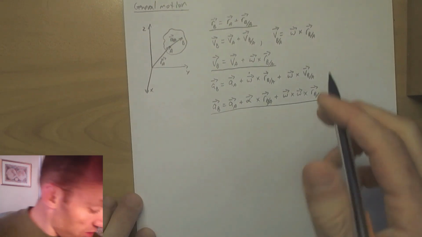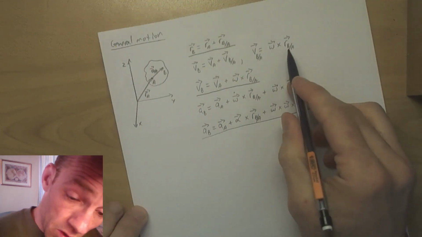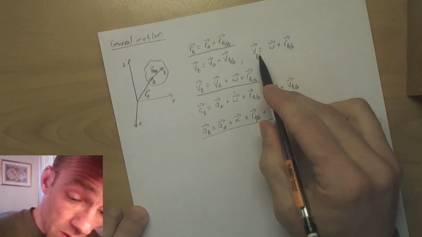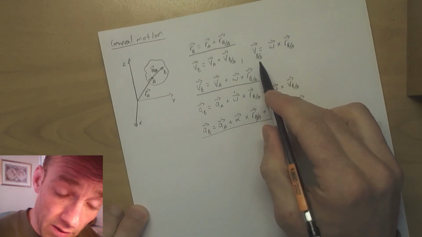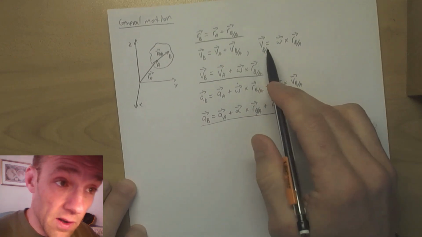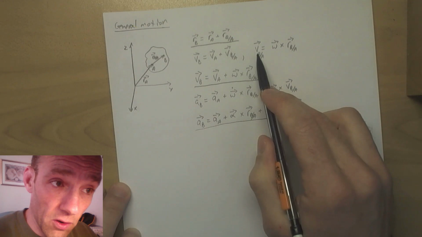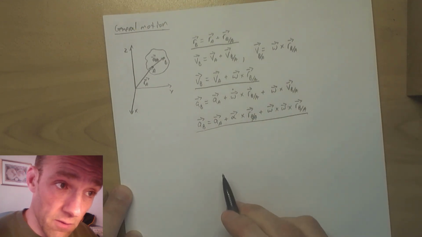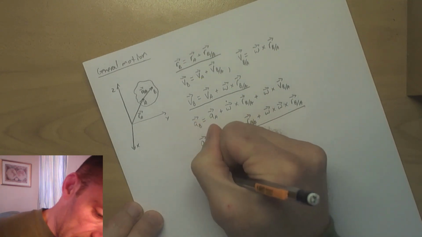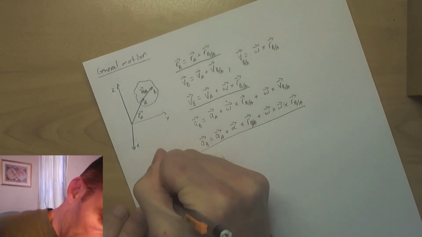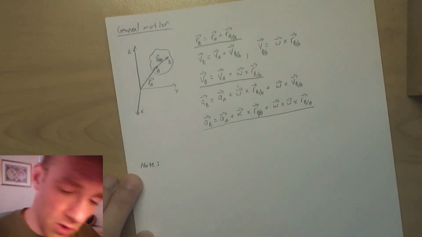Now, because this is the definition of the velocity of B relative to A, remember, if we take the cross product of two vectors, the result is perpendicular to both vectors. So we can conclude from that, and this is a neat trick, if you know vectors are perpendicular, sometimes you can take shortcuts.